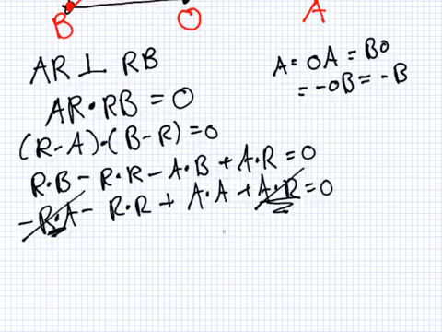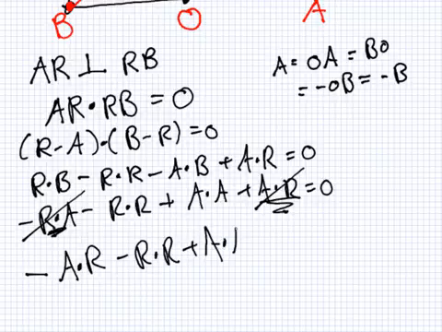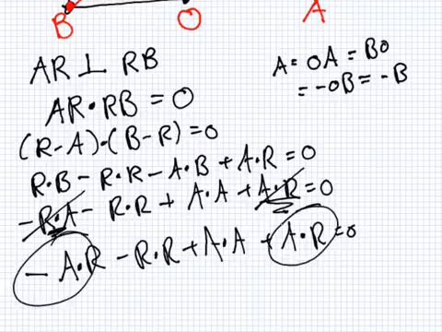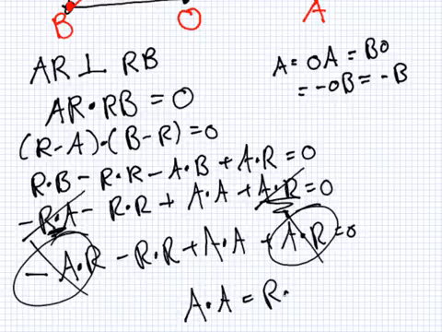So here on the next line, if you want to make it clear, this is minus A dot R, minus R dot R, plus A dot A, plus A dot R equals 0. Now this definitely cancels this. So they're gone, and you have A dot A equals R dot R. Now what is A dot A? We did something today about that.